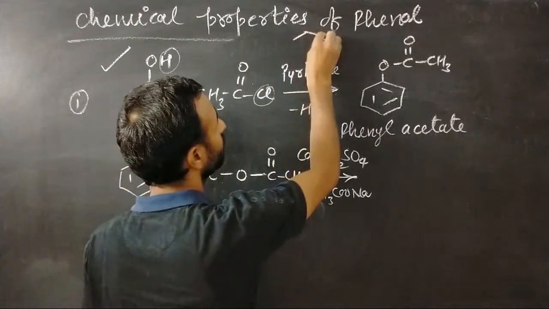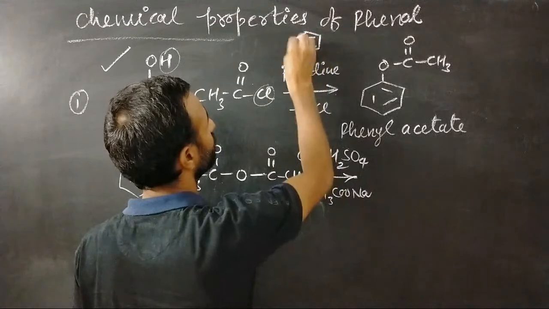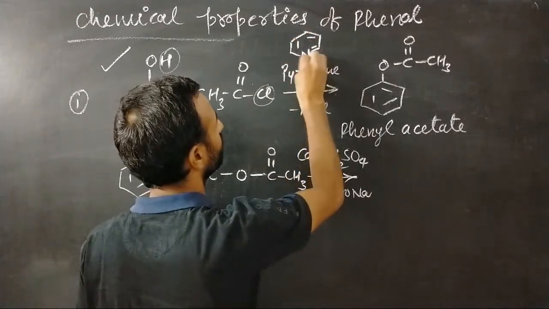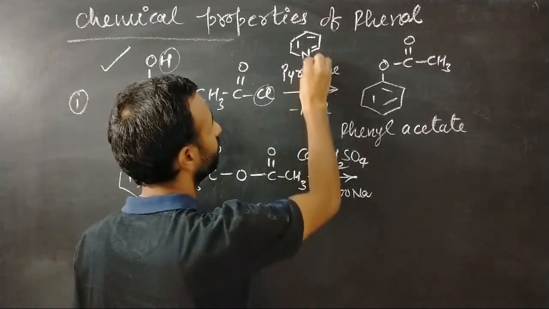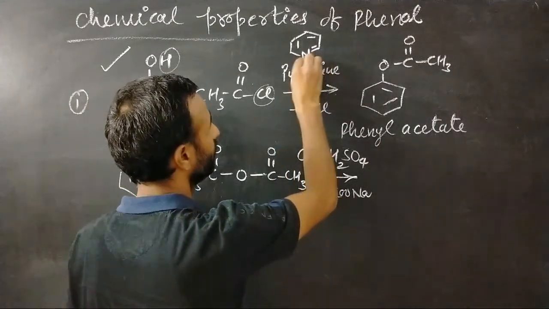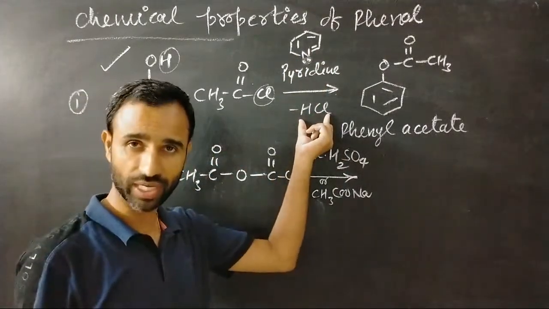What is pyridine? It is like this. Okay, this is pyridine. So pyridine is a weak base which is used to neutralize HCl.